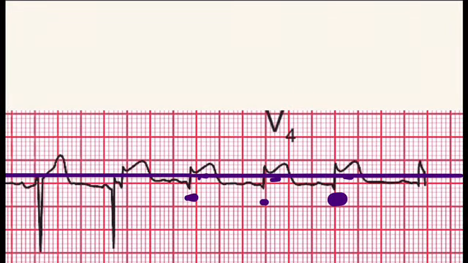Although there is some elevation in lead V4, can you appreciate the decreased baseline in the previous part of the QRS complex, the previous part in the PR interval? That's what I was talking about.